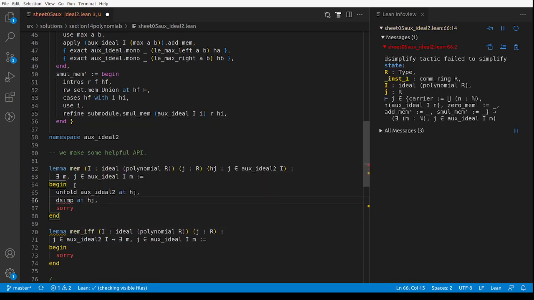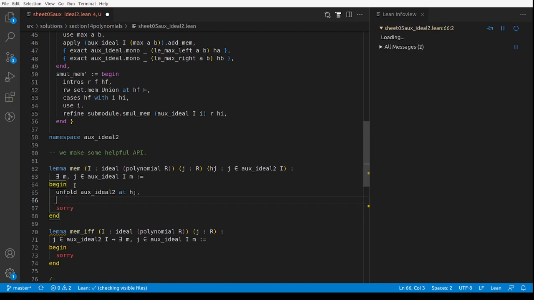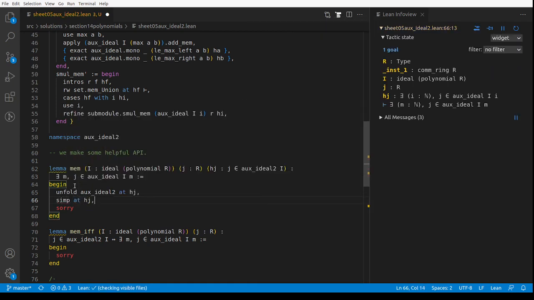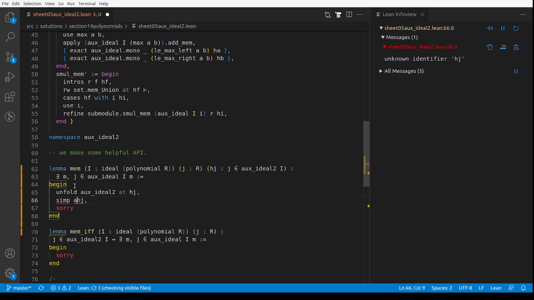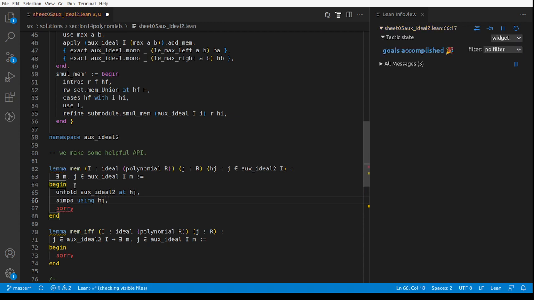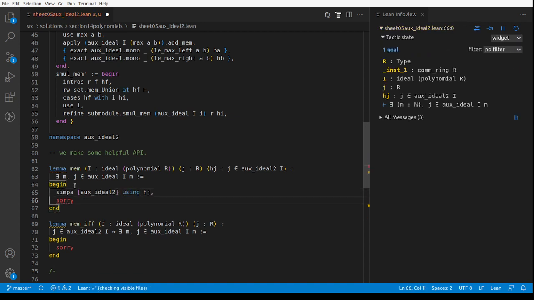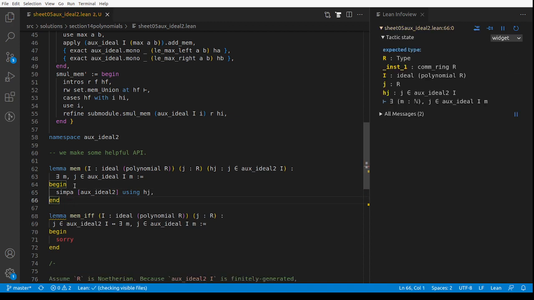Oh, it doesn't like it. What about simp at HJ? Yes. You see, that's the same thing, right? So this is simp using HJ or something. There. And now instead of unfolding it, we maybe could put it here. Yes, there we go. So there's a proof of that.